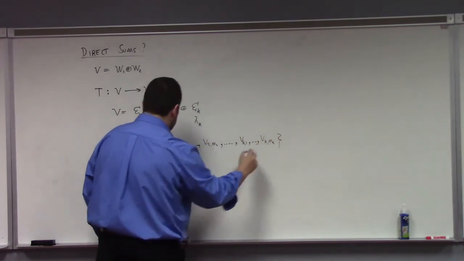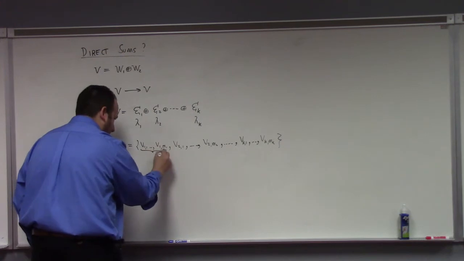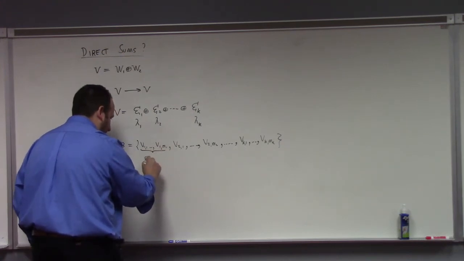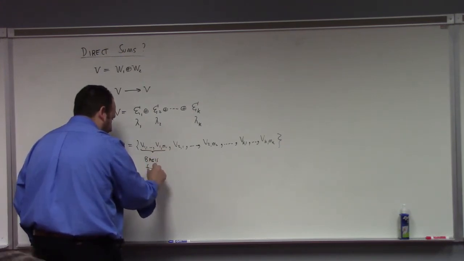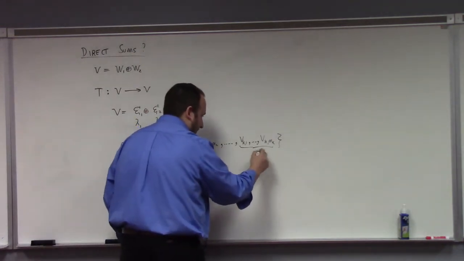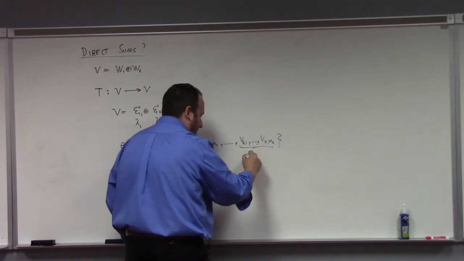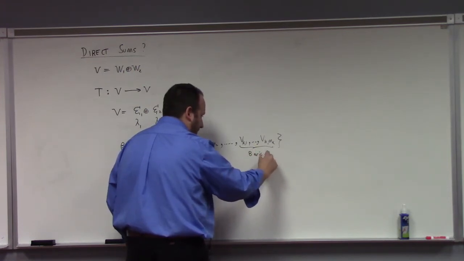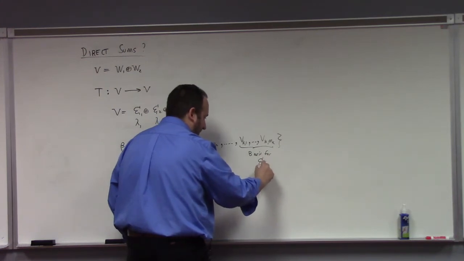So this would itself be a basis for E1. These vectors would span, form a basis for the kth eigenspace. I'm assuming that lambda 1 through lambda k are distinct.